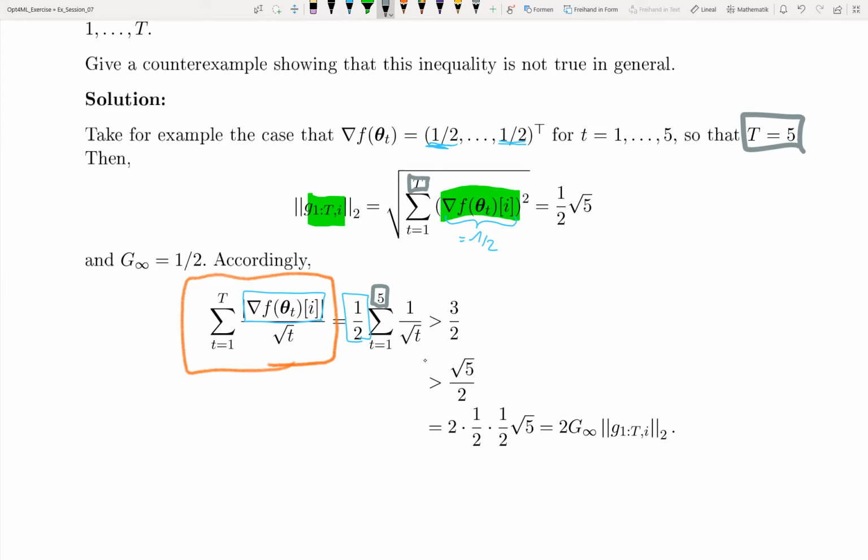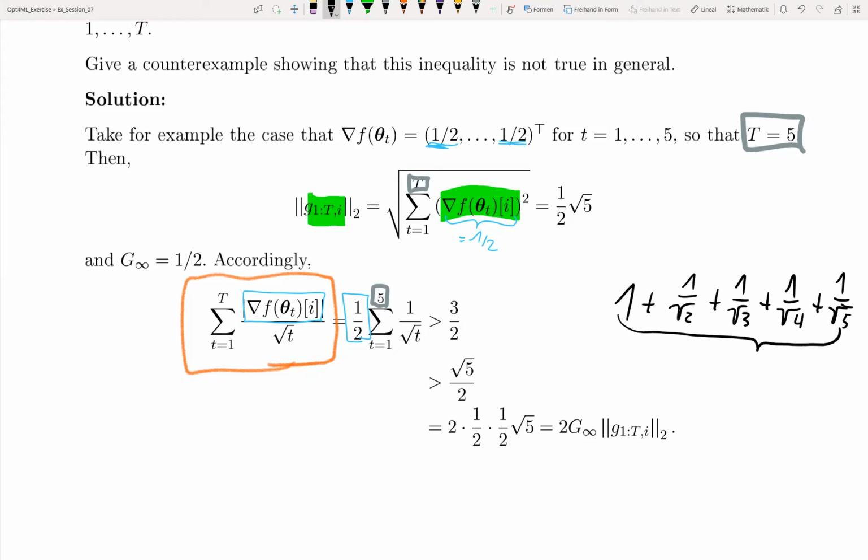We are summing up 1 over square root t, which is greater than 3/2. Well, I haven't given a real good reason for that, but this is the case, simply because 1 plus 1 over square root 2 plus square root 3, square root 4 and so on. If you look at this sum, this will be a bit greater than 3. It's something like 3.2 or something.